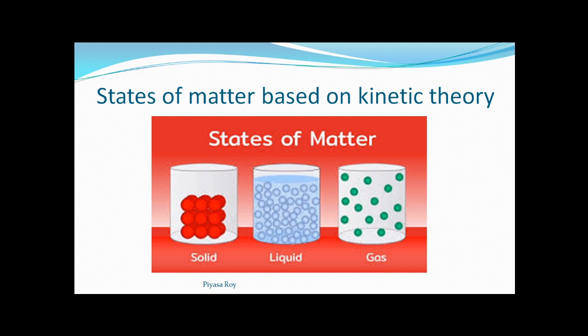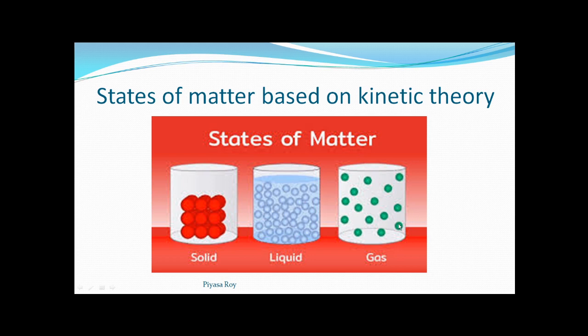Its volume can be compressed, okay. That means in a very small space we can fit these particles of gases, because they are compressible. If we apply pressure, these particles will come closer and can be kept in a smaller space.